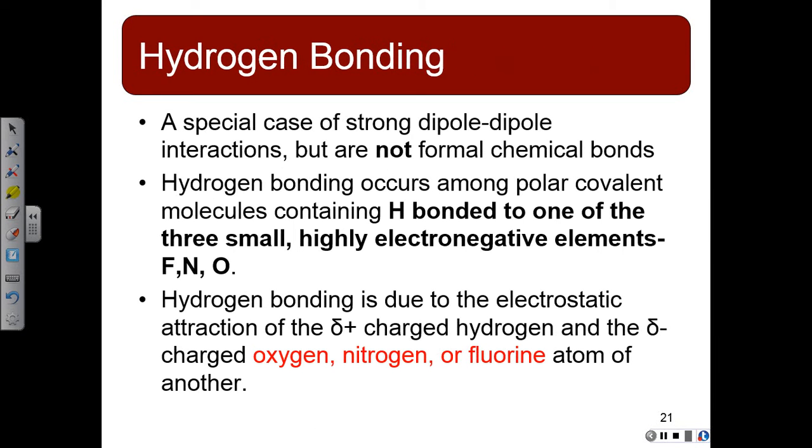Okay, before we move on to liquids soluble in liquids, we're going to talk about an interaction that's a special case of a strong dipole interaction, but it is not a true formal bond. Actually, I do not like the name of this.